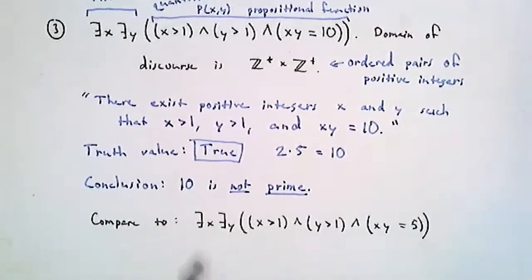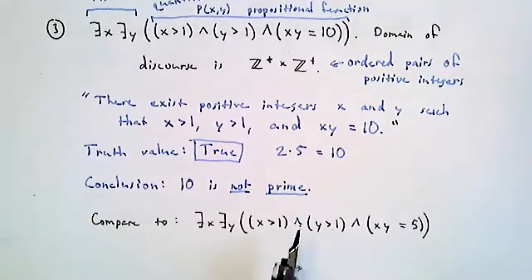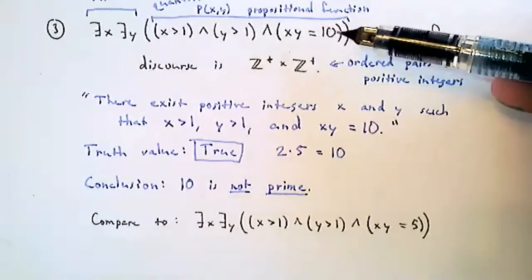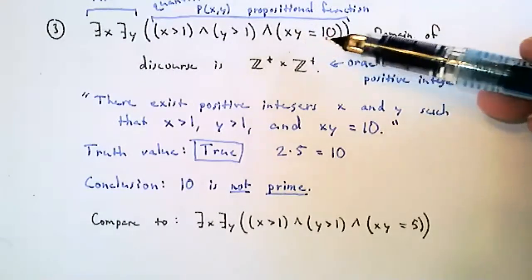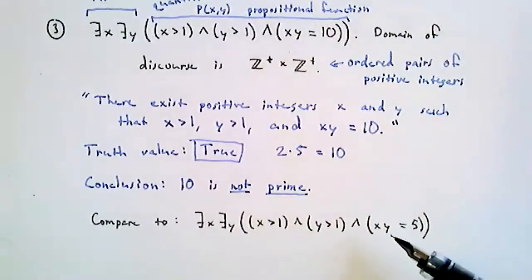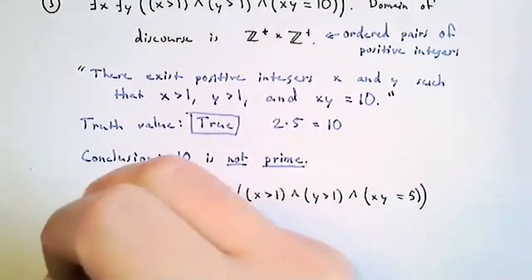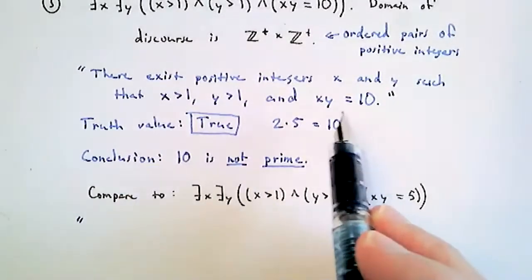And let's go ahead and compare that to this next proposition. If you compare the two, the only thing I've changed is this last part of the and statement: x times y equals 10 up here, and x times y equals 5 in this other. So when we're translating this into words, there's only one change we have to make.